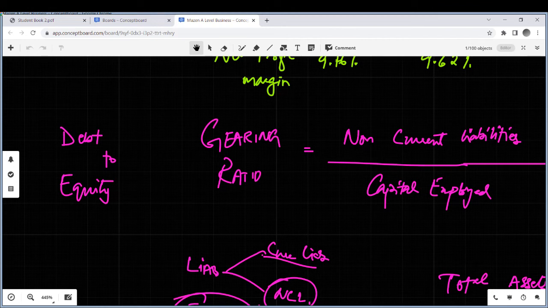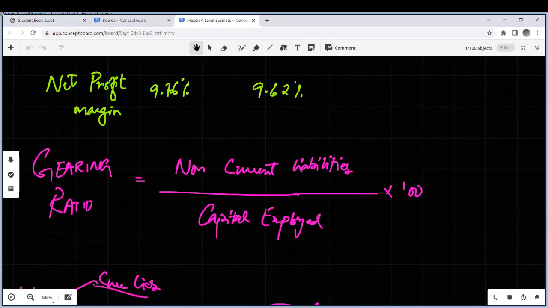Non-current liabilities are the amounts that you owe to external parties, that a business has to pay back, but it doesn't have to pay back within the next year. So these are the debts of the business, or long-term loans.